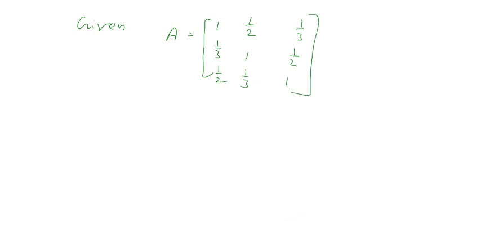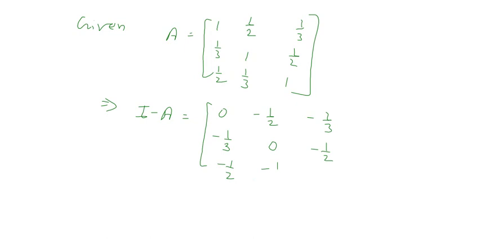If you look at I minus A, this is equal to [0, -1/2, -1/3; -1/3, 0, -1/2; -1/2, -1/3, 0].